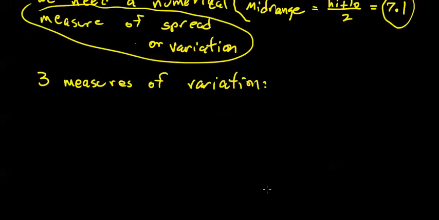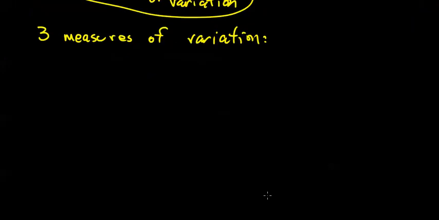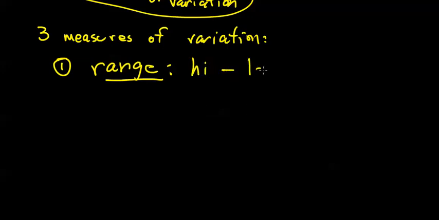All right, three measures of variation, and the first one we're going to talk about here is range. Not mid-range, but range. Right? Your range is nothing more than your maximum value minus your minimum value. That's all it is.